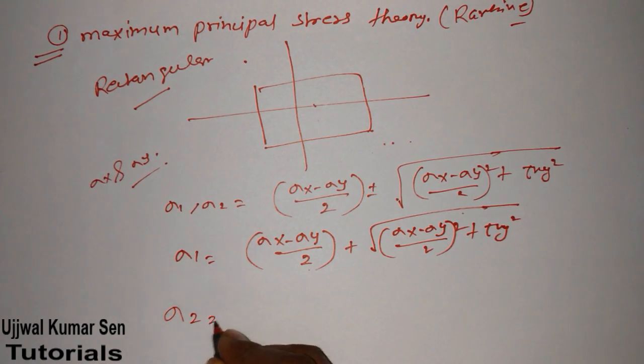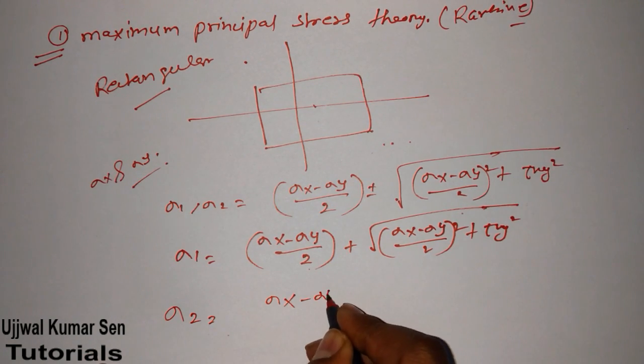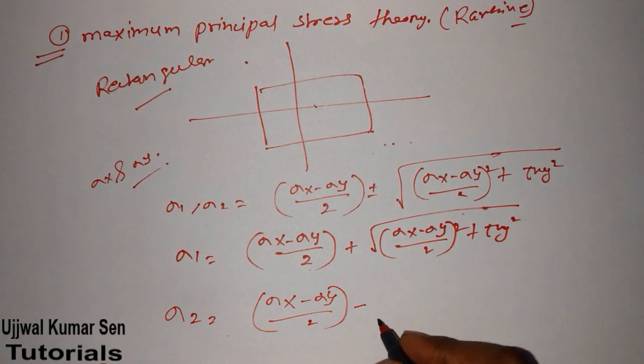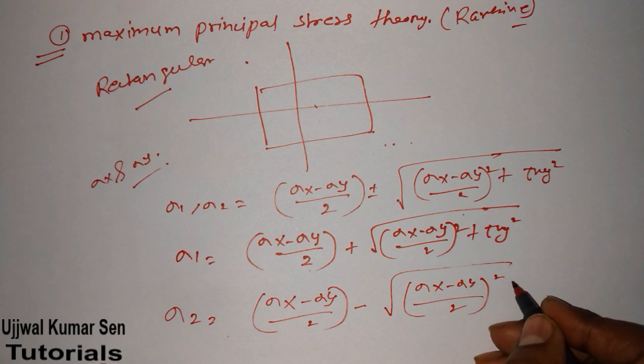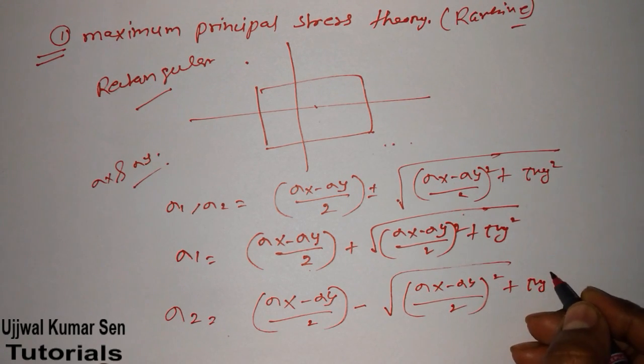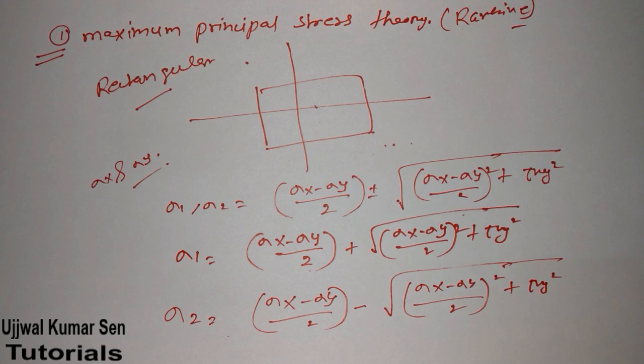And in case of sigma 2, it is (sigma x minus sigma y) by 2 minus the square root of ((sigma x minus sigma y) by 2) whole square plus tau xy square. So this is how we can find sigma 1 and sigma 2 for maximum principal stress theory or Rankine theory in theories of failure, right?